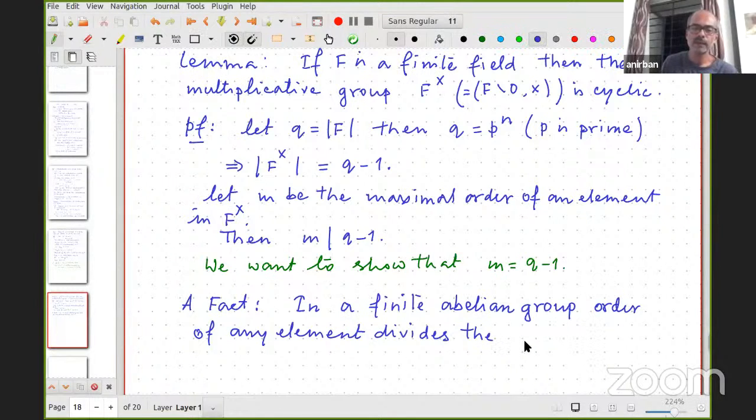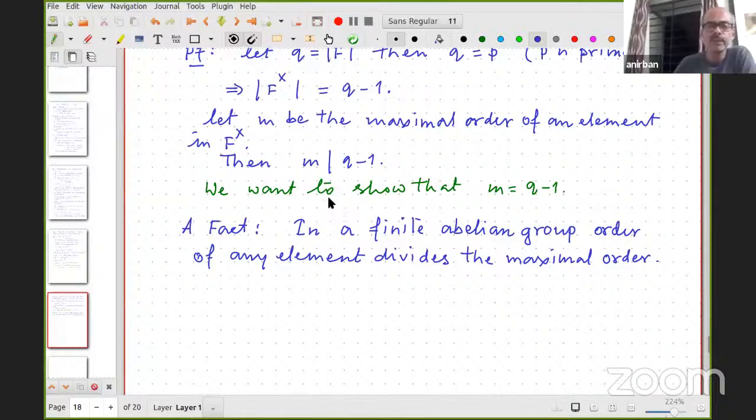So just using a fact from group theory. In particular, in this group, the order of every element is going to divide M. So this we are using without proof.